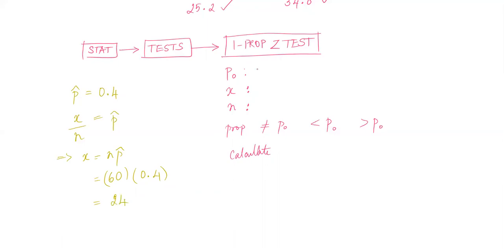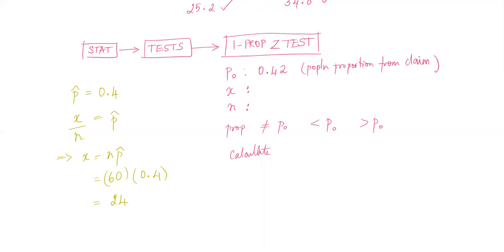Come back here. So P naught is 0.42. Remember, this is your population proportion from the claim. Because you have the P hat and the P naught. P naught is a notation that the calculator uses.